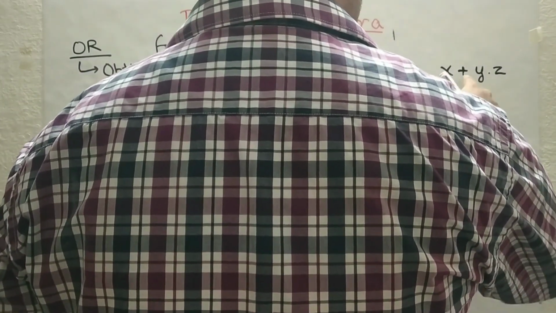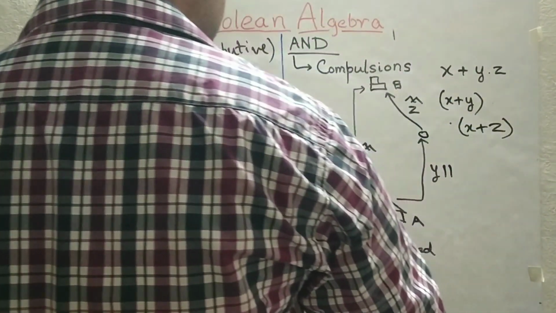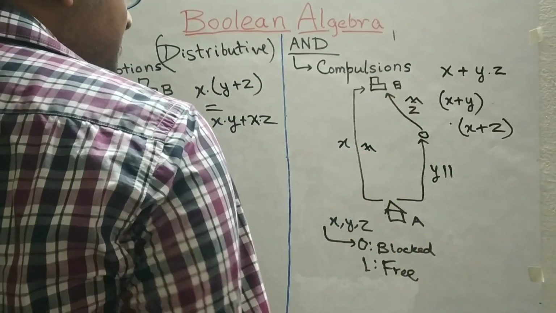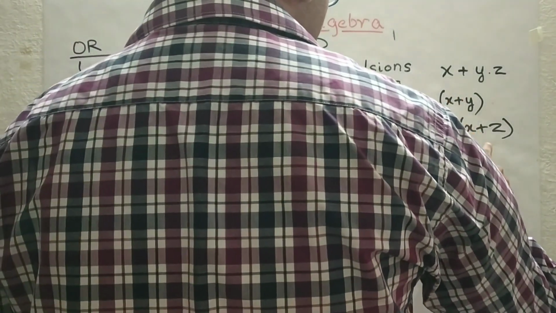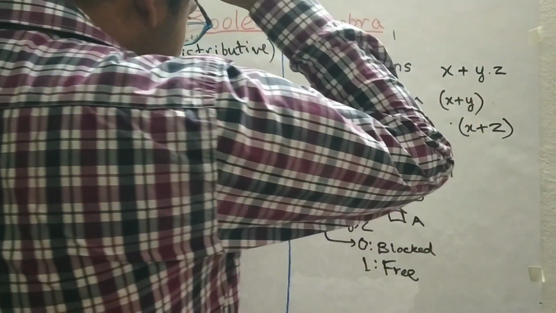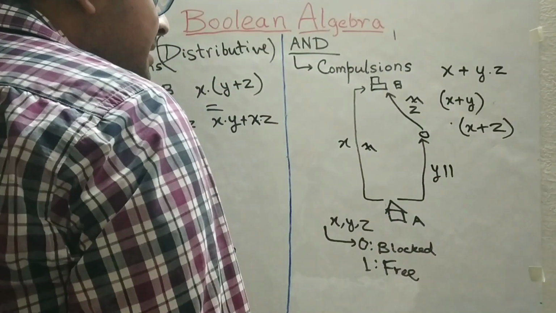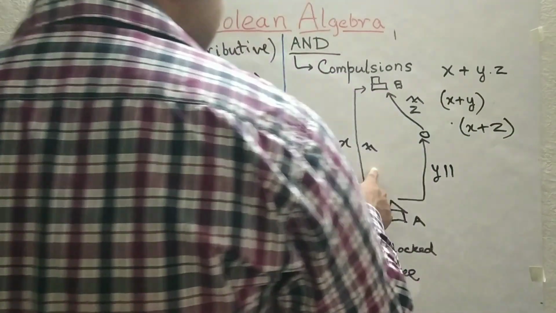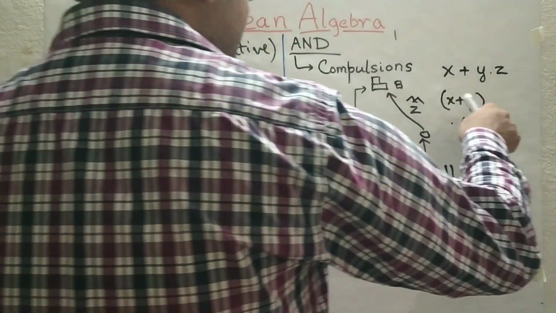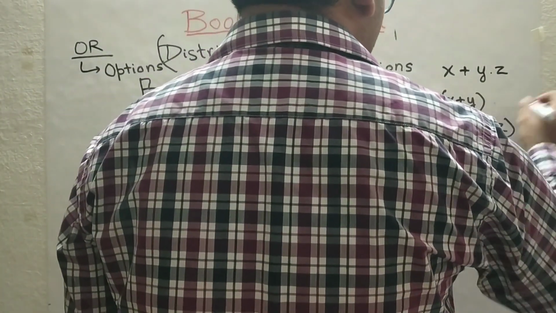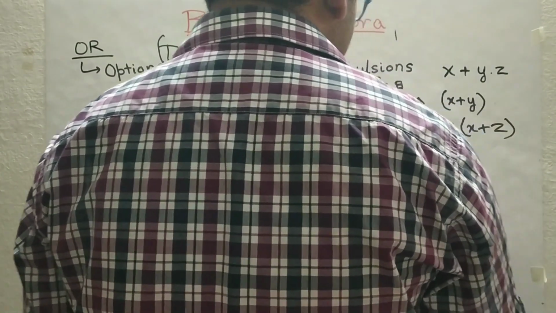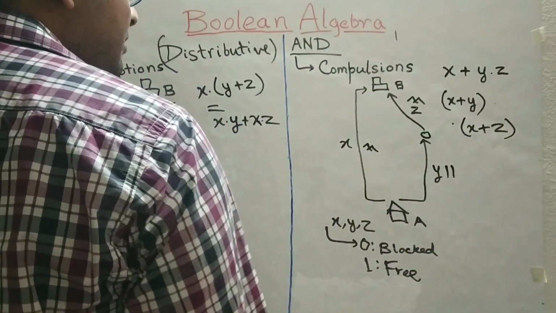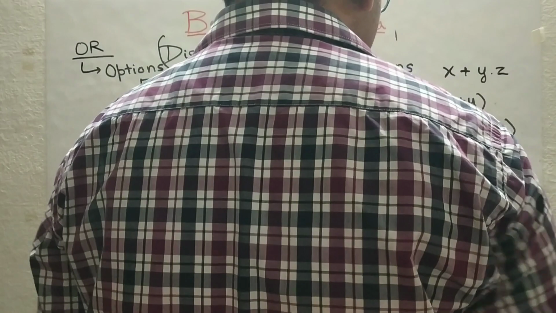So you are saying that you have to follow this path X or Y and Z. Then you want to put it in the form that we'll take two compulsory paths, right? So two compulsory paths. Suppose that X is blocked and Y is free. Then this is among the compulsory paths, and then X is blocked and Z is blocked. This is also a compulsory path.